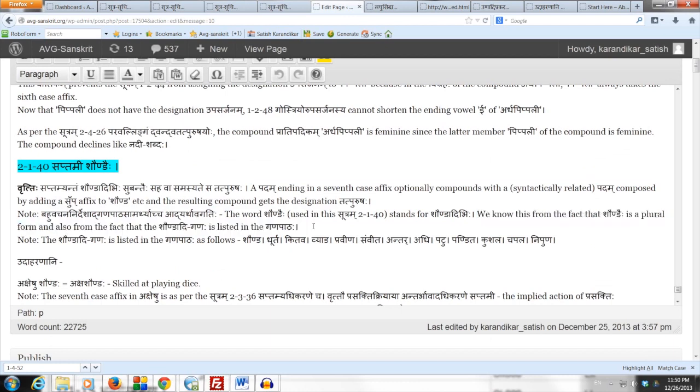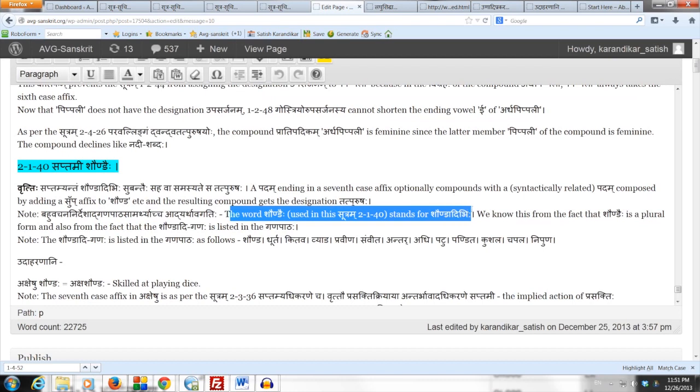If Panini wanted to prescribe compounding with the single term Shaunda, then he would have said Shaundena and not Shaundaihi. So the Bahuvachana Nirdeshaha gives us the hint that there is a Shaundadiganaha, and there is actually a Shaundadiganaha in the Ganapatha. So that confirms the fact that Shaundaihi stands for Shaundadibhi.